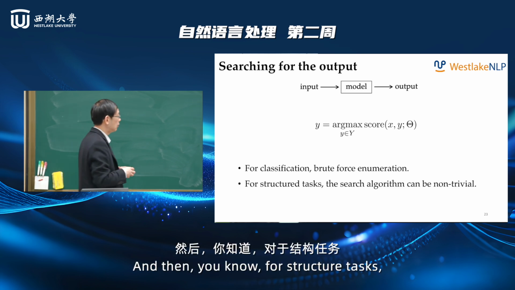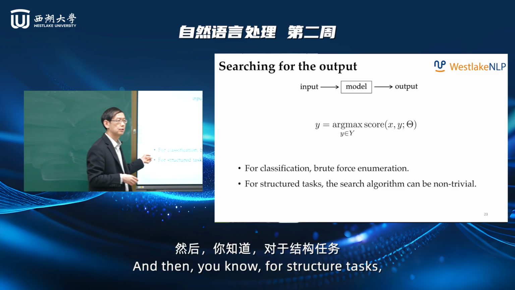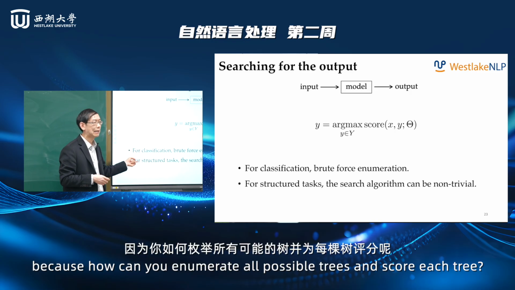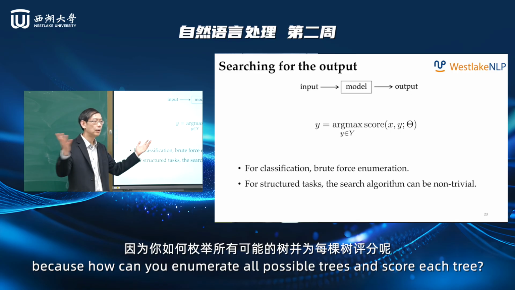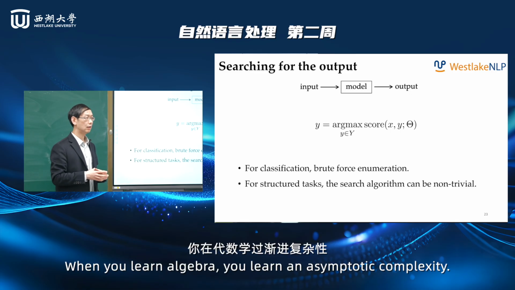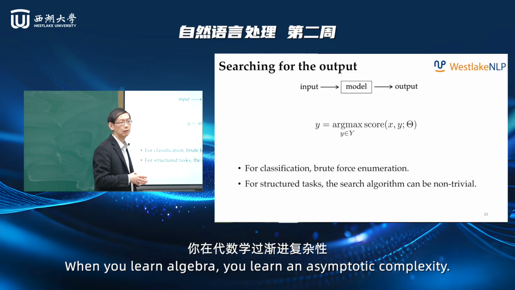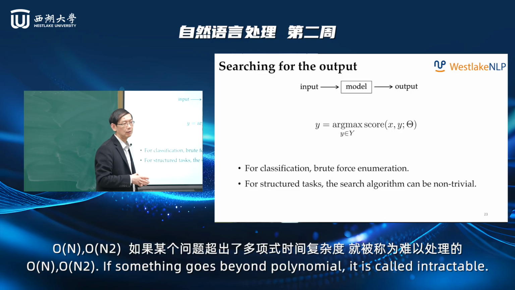And then for structured tasks, this can be non-trivial. Because how can you enumerate all possible trees and score each tree? When you learn algebra, you learned asymptotic complexity, right? O(n squared). If something goes beyond polynomial, it's called intractable.